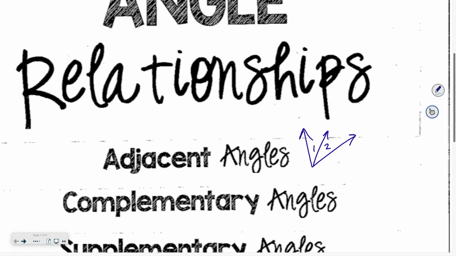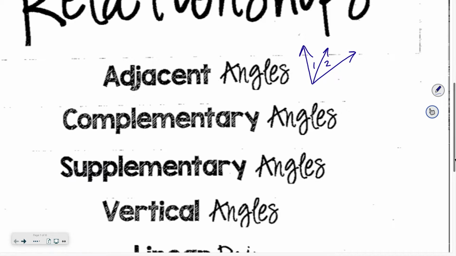All right, complementary angles. What do complementary angles do? They add up to 90 degrees. Do complementary angles have to be adjacent? No. So you have 2 options.